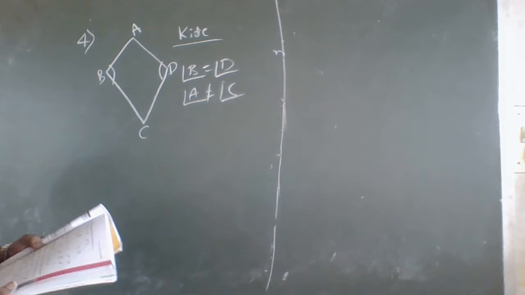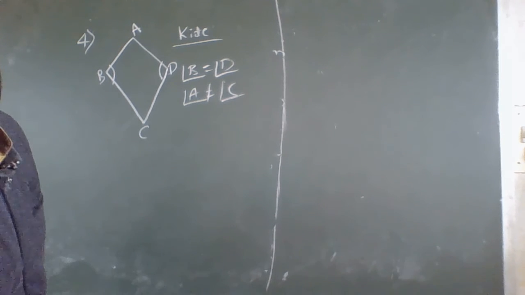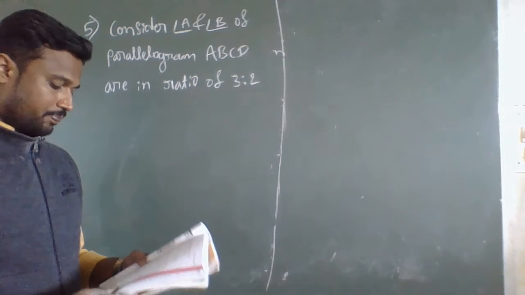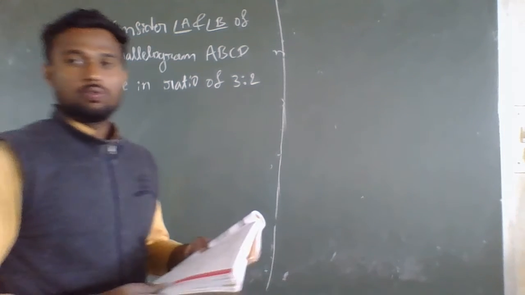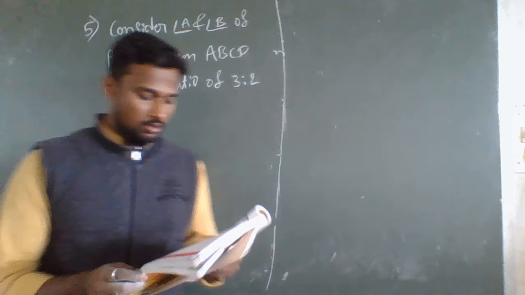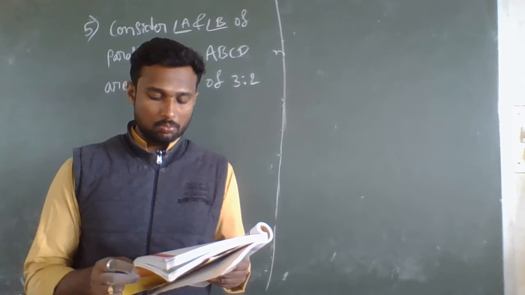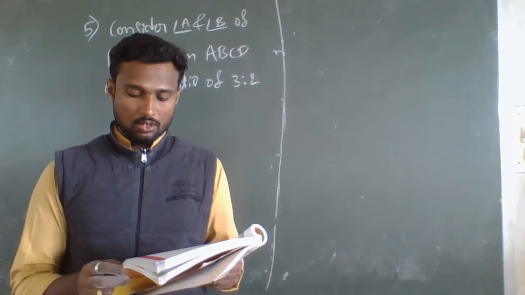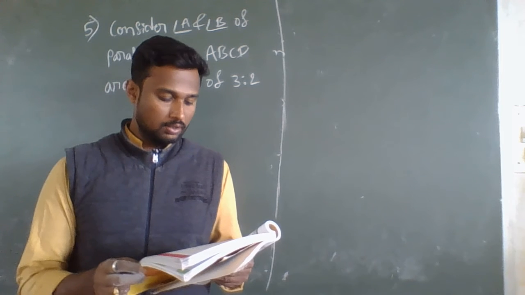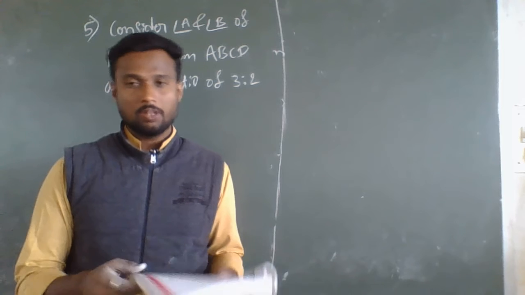Now, I will solve the next question, the fifth one. Here in the fifth problem, what they are asking: the measures of two adjacent angles of a parallelogram are in the ratio 3:2. Find the measure of each of the angles of the parallelogram.